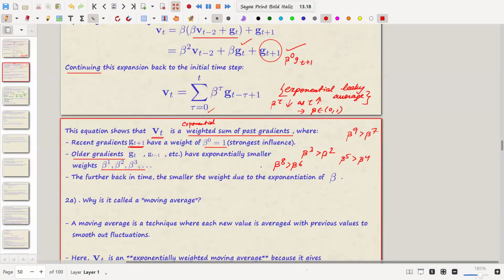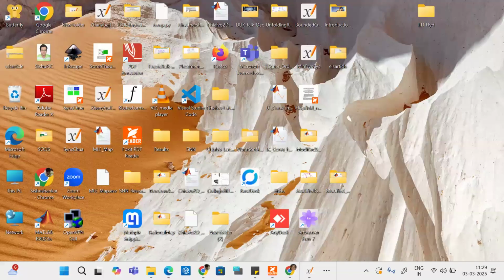Beta to the power 9 greater than beta to the power 7, with beta in between 0 and 1. Is it correct? Why?